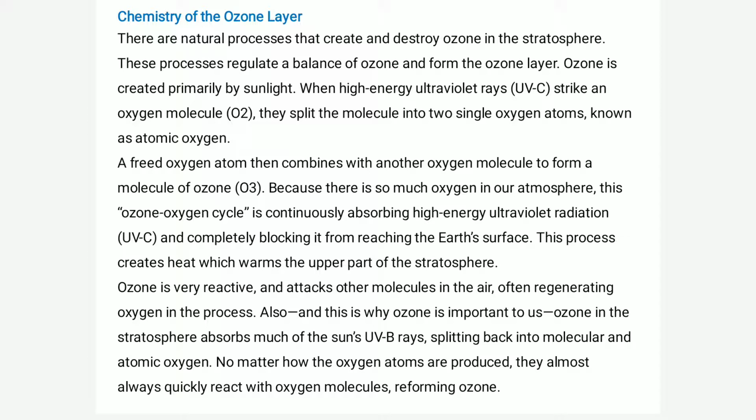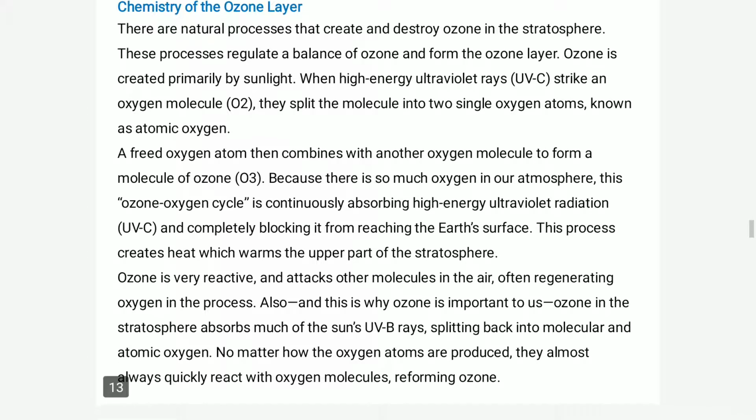When high energy ultraviolet rays, that is UVC, strike an oxygen molecule, they split the molecule into 2 single atoms known as atomic oxygen. A freed oxygen atom then combines with another oxygen molecule to form a molecule of ozone.